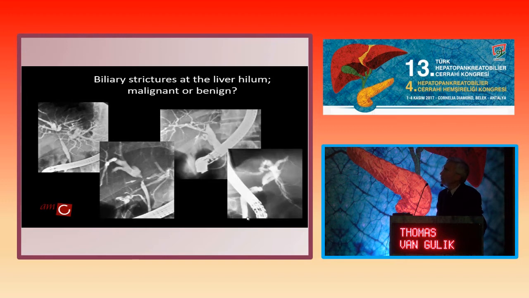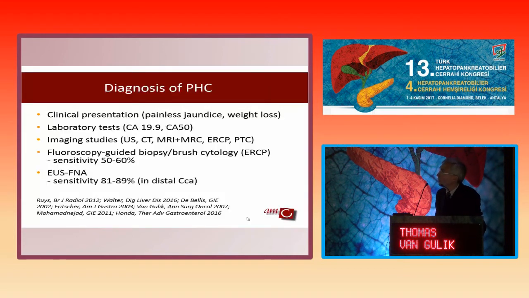Well, these are examples of patients in whom we did a resection on the suspicion of a perihilar cholangiocarcinoma, but these were all benign lesions, except for this lesion, which was a gallbladder carcinoma, which also can mimic a malignancy at the hepatic hilum.